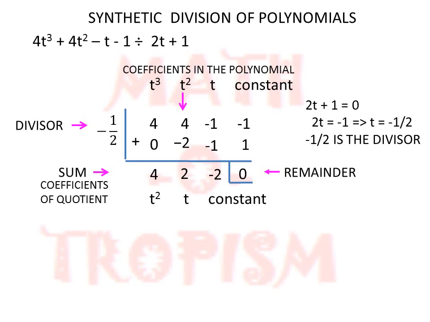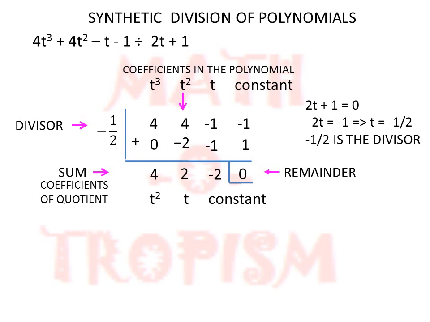Now in this sum, we have the divisor as 2t plus 1, but when we found the divisor for doing synthetic division, it came to t is equal to minus 1 by 2, which is a fraction.